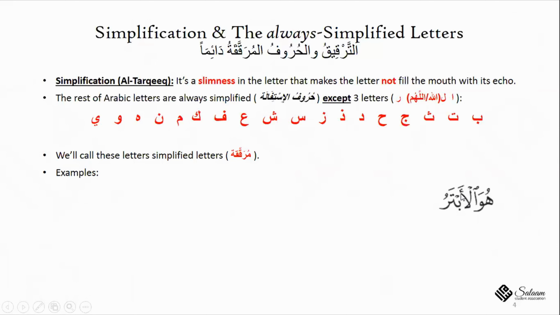هو الأبتر. Don't say هو الأبطر. This is alif, we're going to come to this later. But here, الأبتر. Some people say الأبطر, not good. This is ta and needs to be simplified. هو الأبتر. ألم ترى.